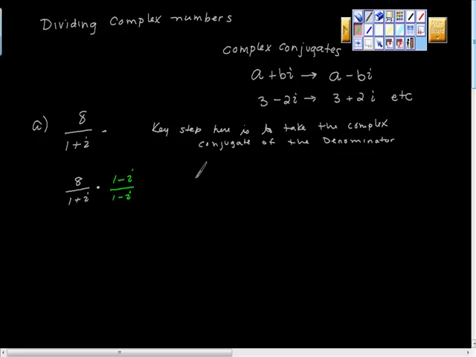You with me? And if you look at what we've done here, we've created a difference of squares.